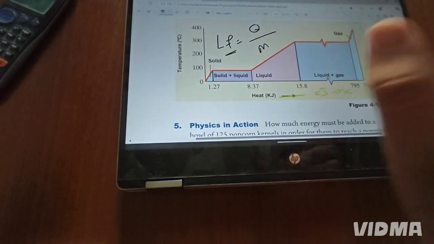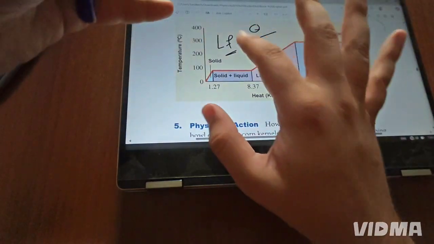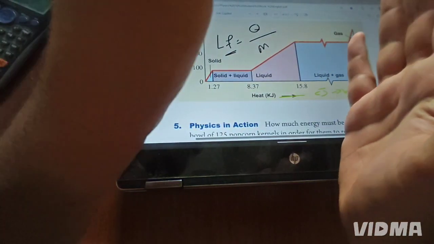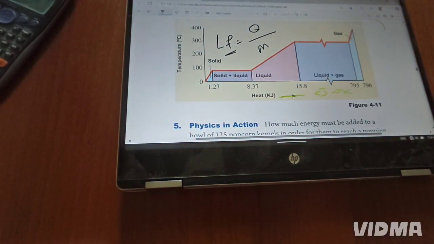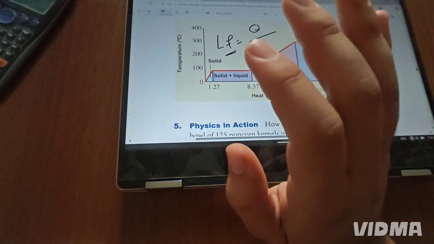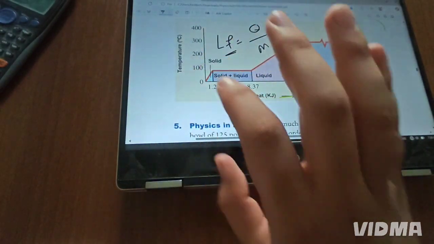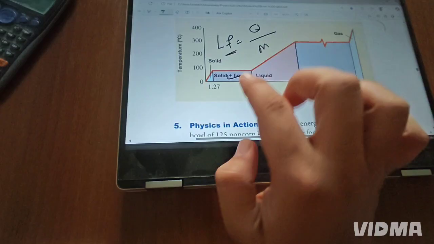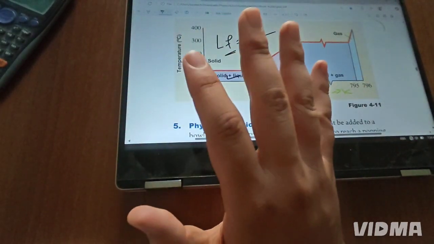What was latent heat of fusion that we studied? It is the energy per unit mass for the state to be converted from solid to liquid or liquid to solid, right? So in that case, we have to choose this region, because in here we have solid to liquid or liquid to solid.